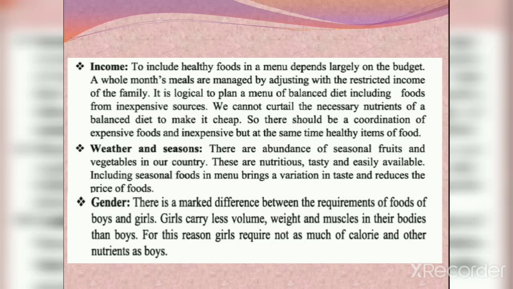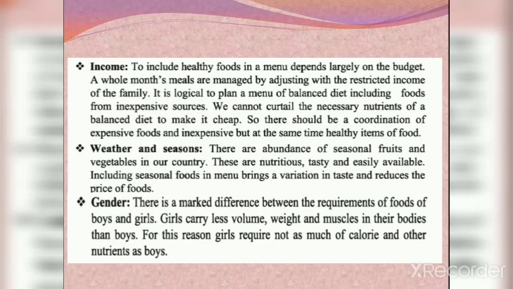Weather and season. There is an abundance of seasonal fruits and vegetables in our country. These are nutritious, tasty and easily available. Including seasonal foods in a menu brings a variation in taste and reduces the price of foods.